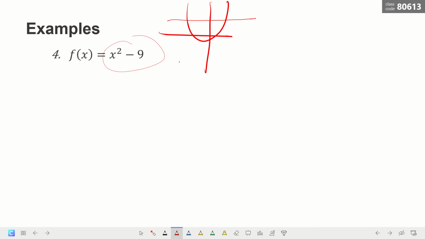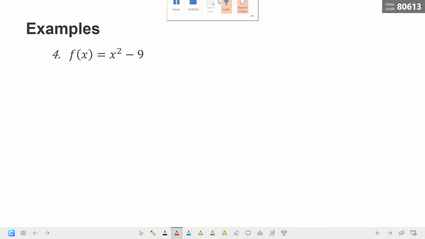But class, you can still identify this as a 1-to-1 function if and only if we restrict the value of its domain. For example, our standard quadratic function is y is equal to x squared, whose vertex is at 0, 0.